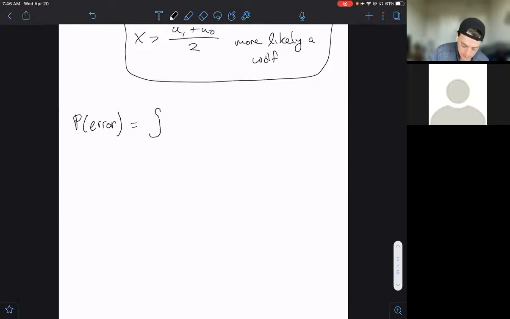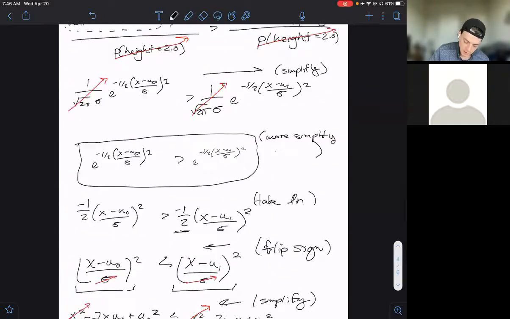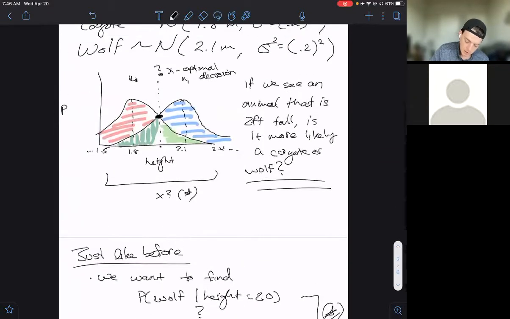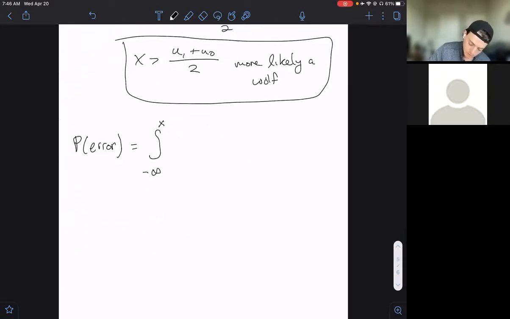So this is, let's say, negative infinity. So this is an integral. We've already found the x. And so what I'm going to do is try to find the probability of the wolves first being incorrectly identified. So this is the probability of the wolf error, where it's incorrectly classified from that decision boundary on the left.